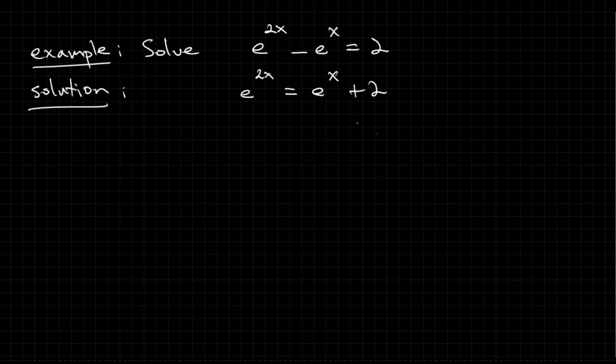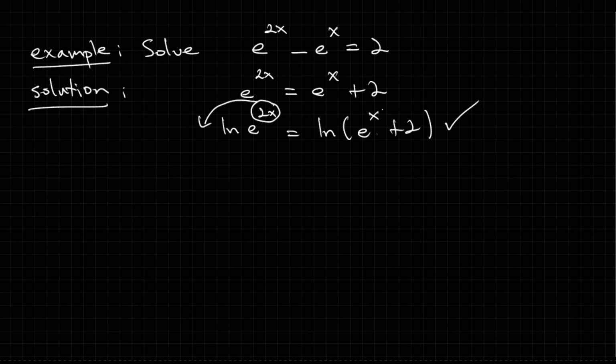If you tried to mimic the steps from the previous problem and took logs of both sides, ln of e to the 2x equals ln of e to the x plus 2, it's correct to write, but I'm not sure how much it helps, because although this 2x can drop down, we cannot drop any exponents down in the expression on the right-hand side.